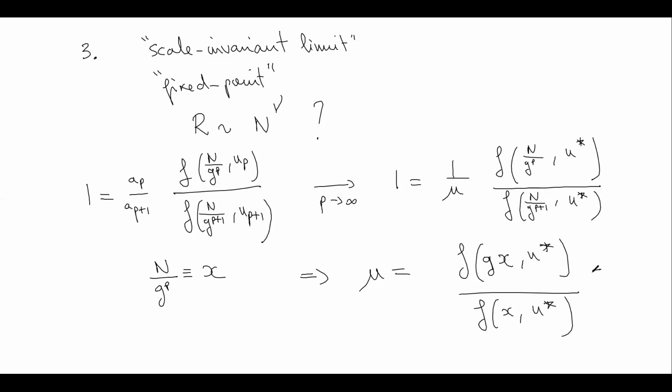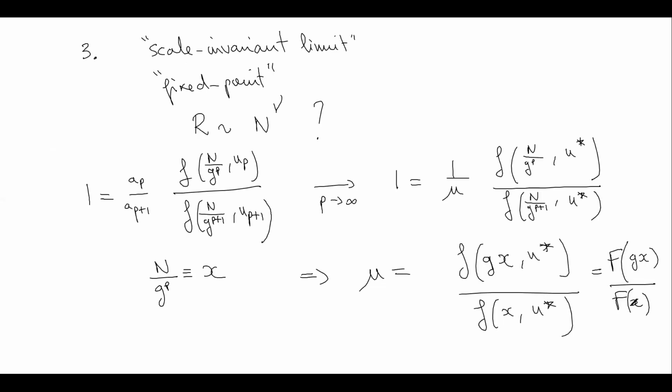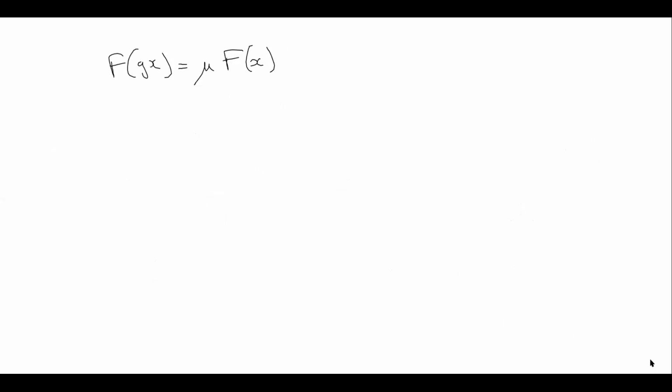Stated differently, I can remove the U star, it's a constant. So it's equivalent to saying that, thanks to the last line here, this guy divided by this guy is equal to mu. So it's just a writing process, but I have this function.